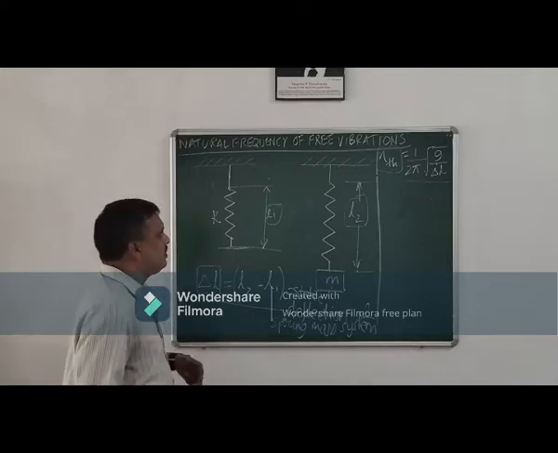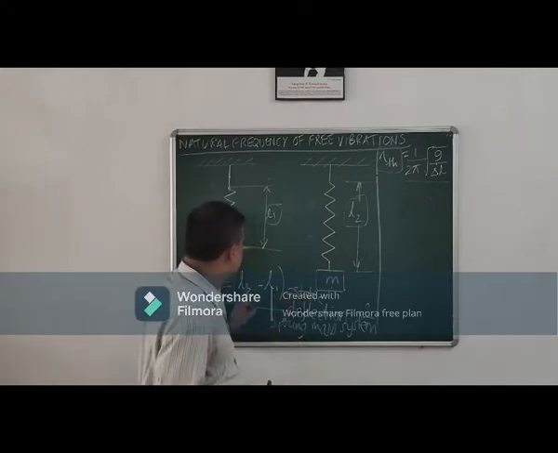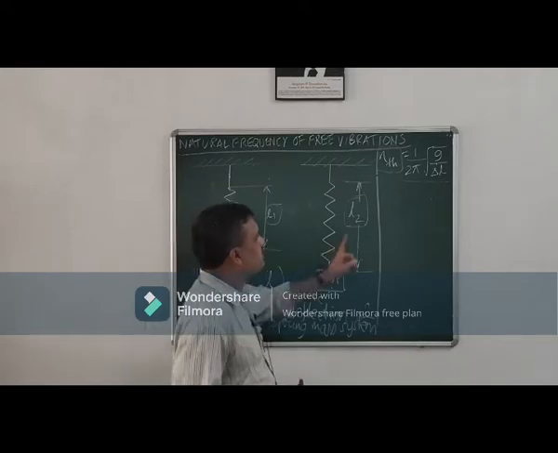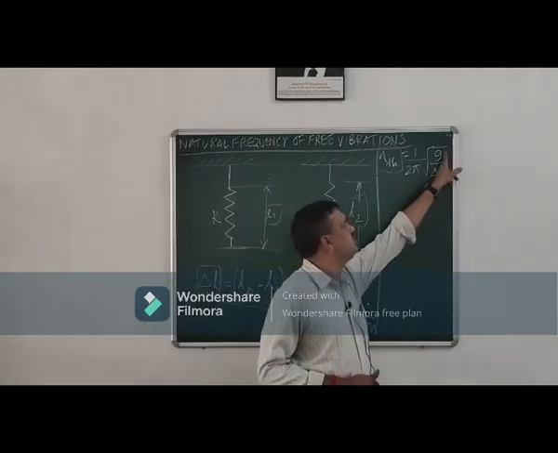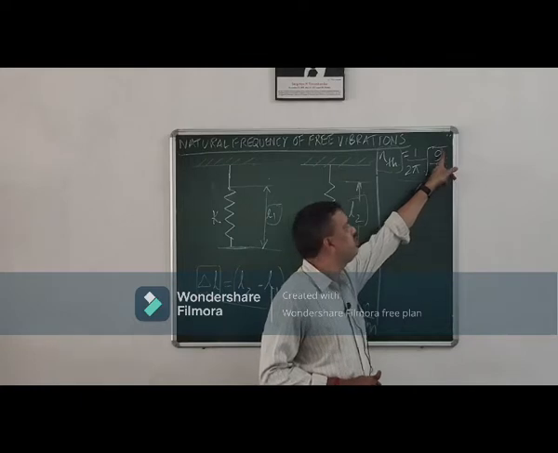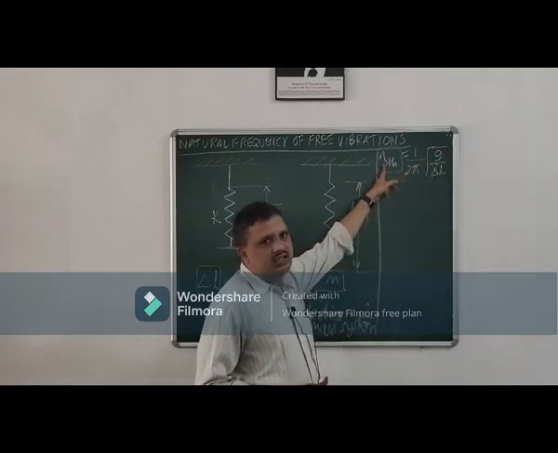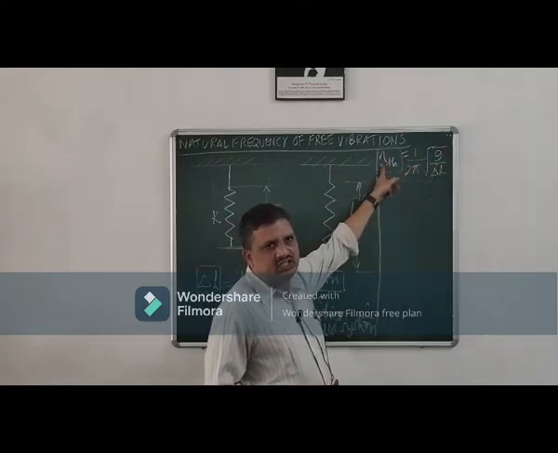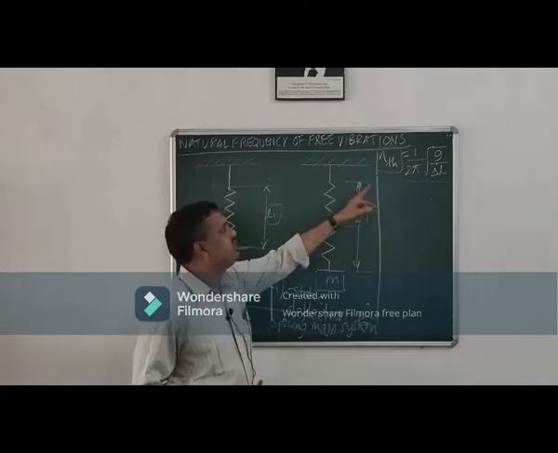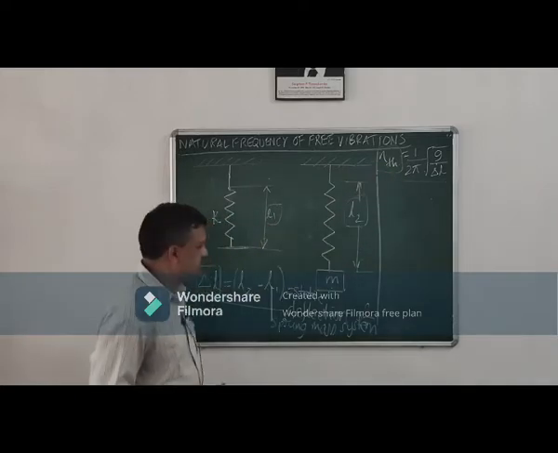So first we need to find this static deflection and substitute it in this formula. Here small g is the acceleration due to gravity, and f_n is the theoretical natural frequency of the spring mass system.